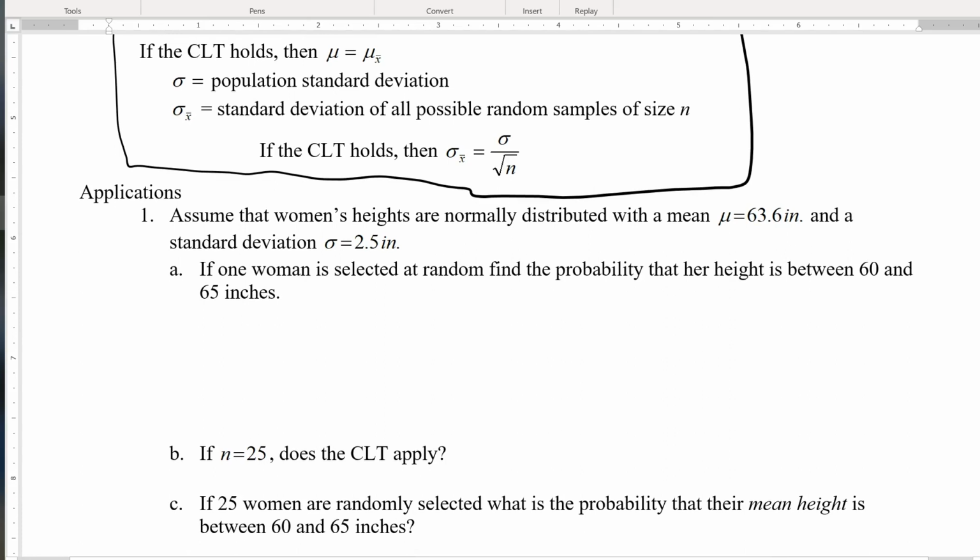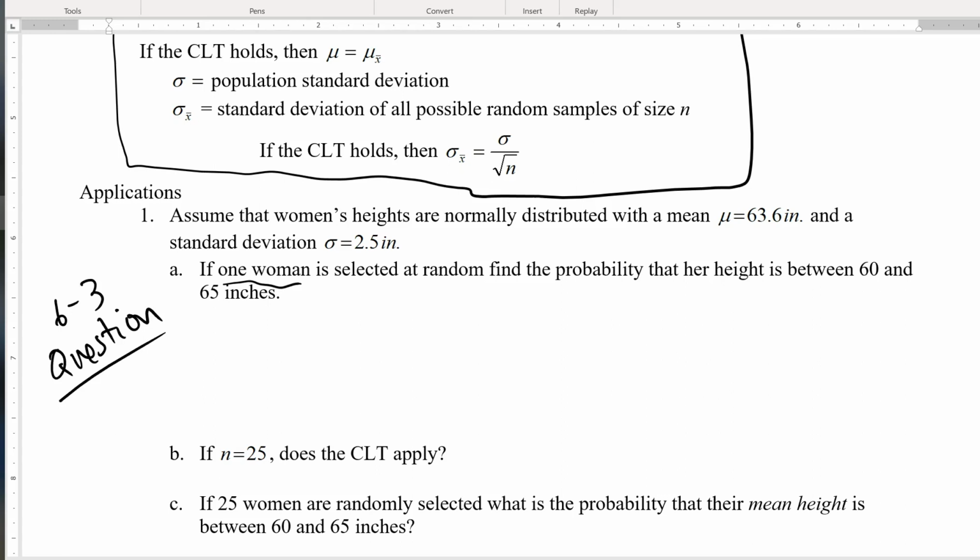Assume that women's heights are normally distributed with a mean of 63.6 inches and a standard deviation of 2.5. If one woman is selected at random, find the probability her height is between 60 and 65 inches. Okay? This is actually not a 6-5 question. This is a 6-3 question. You're like, well, how am I supposed to know the difference?